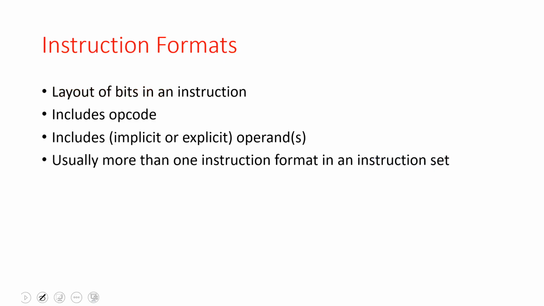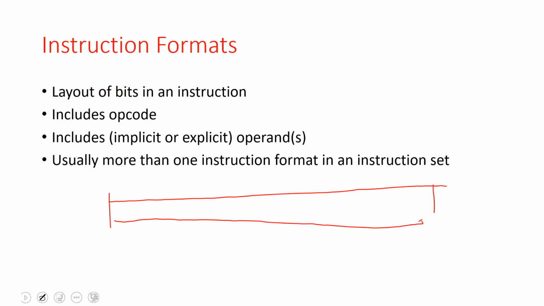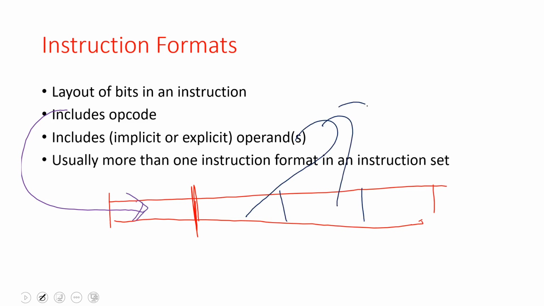So if we think about it, what we can basically start with is, say, this is the length of the instruction that we have. From there, we have to give a portion of it for the operation code. So a portion of it will be the opcode. Then another portion will have to be given to various operands that we may have.